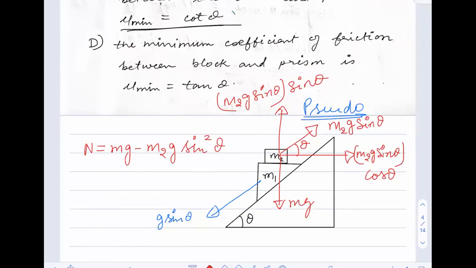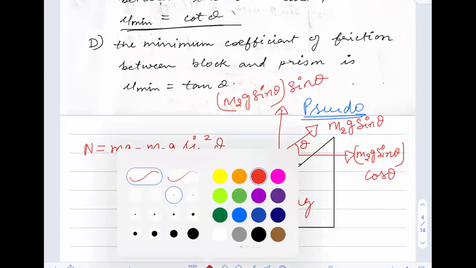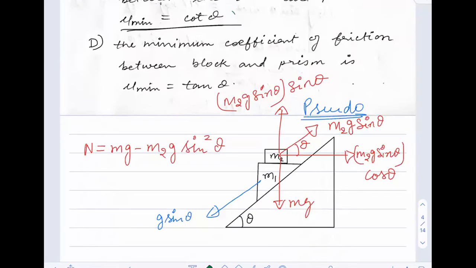Now again, one question I am asking you people: suppose m2 slips. Suppose m2 is slipping on m1. So which force is responsible for it? Is it the vertical component or the horizontal component?